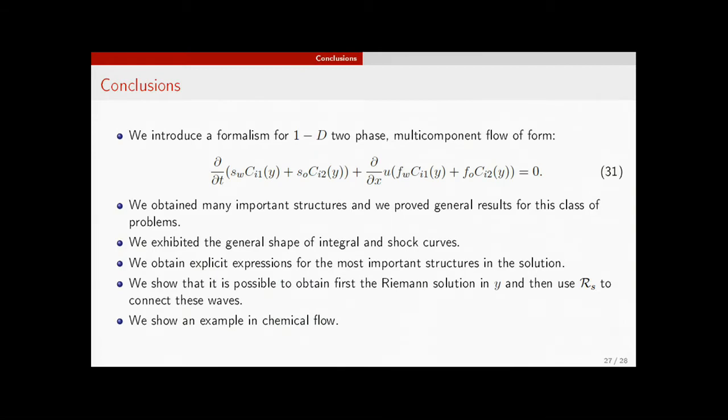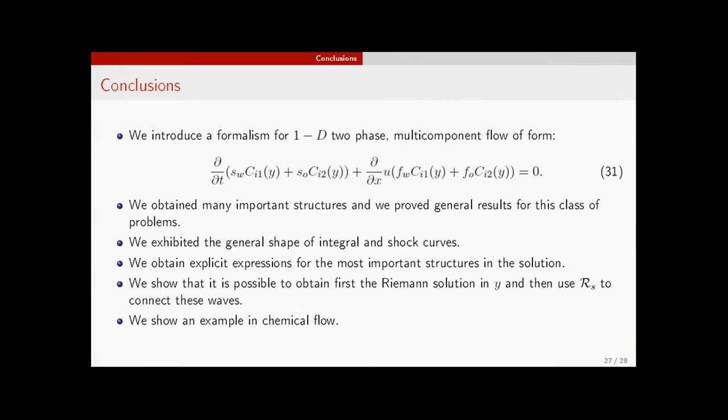This is an example of how we solve the characteristic solution of the general problem. We obtain important structures and prove general results for this class of problem. We exhibit the general shape of integral and shock curves. We obtain useful explicit expressions for the more important structures.